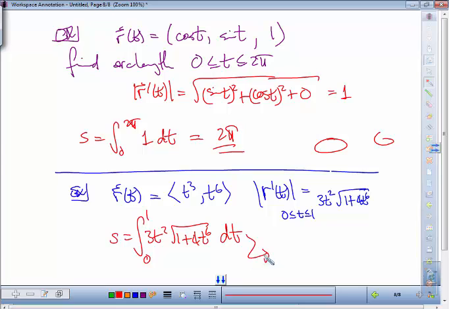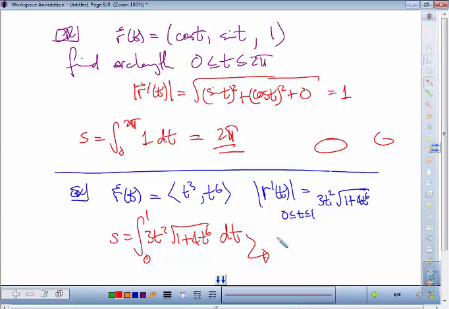So in general, in a test or quiz situation, I would probably just have you set up the integral to find the arc length without having you actually find it. And in homework situations, you're more than welcome to punch it into Wolfram Alpha and get the result. Okay?